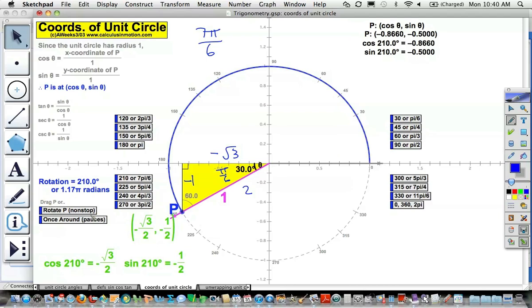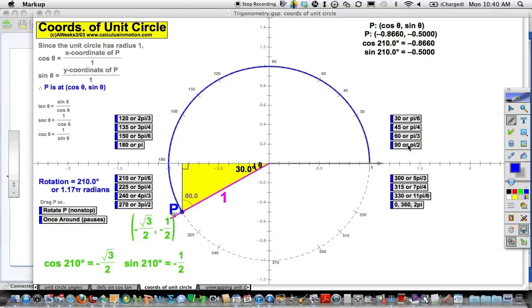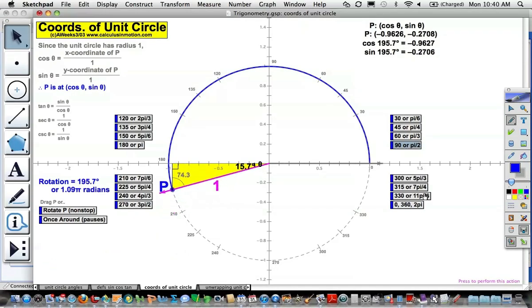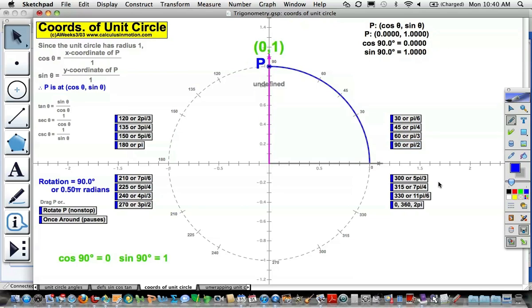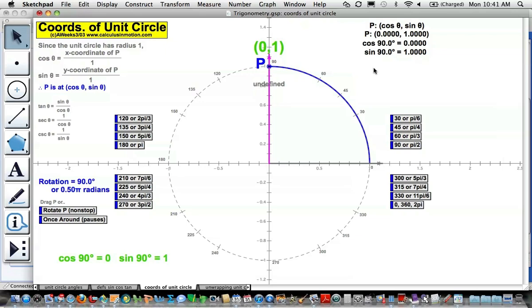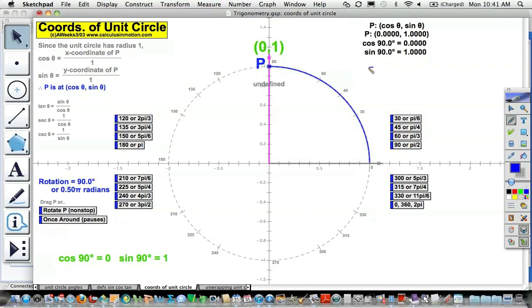Now, the last part of this would be what happens if you're right at 90. What happens if you're asked to do sine of pi halves? One way to do it is the unit circle. On the unit circle, it's straight up.